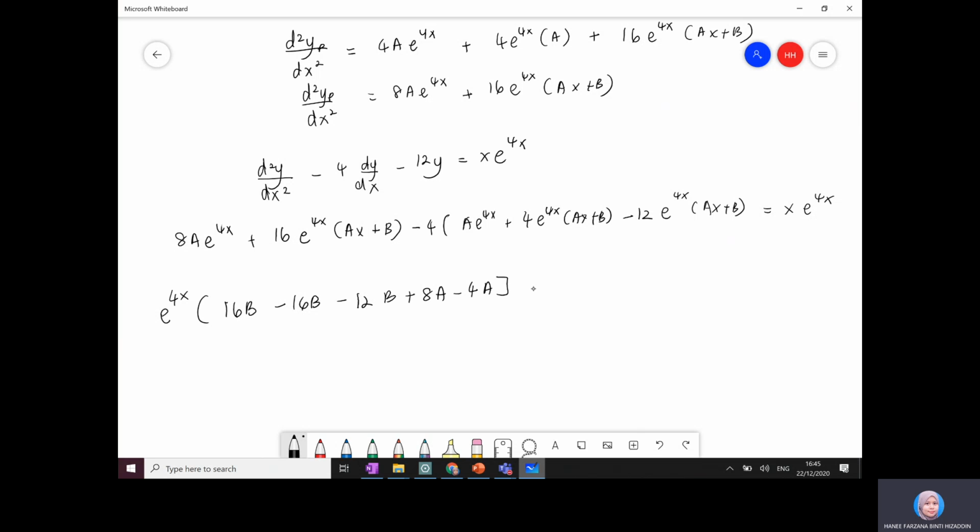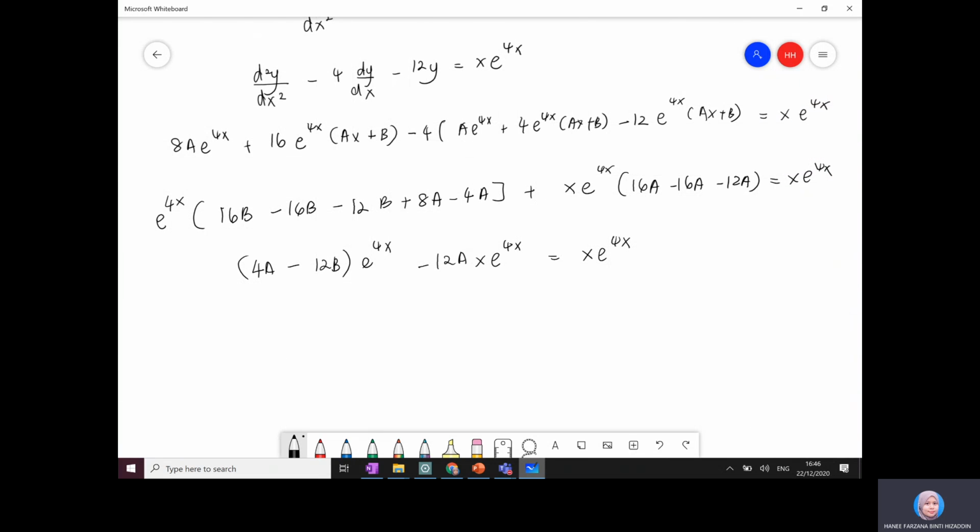And check if I did any error. Then we collect all the terms on x e^4x. Then I get 4a minus 12b times e^4x plus negative 12a times x e^4x.